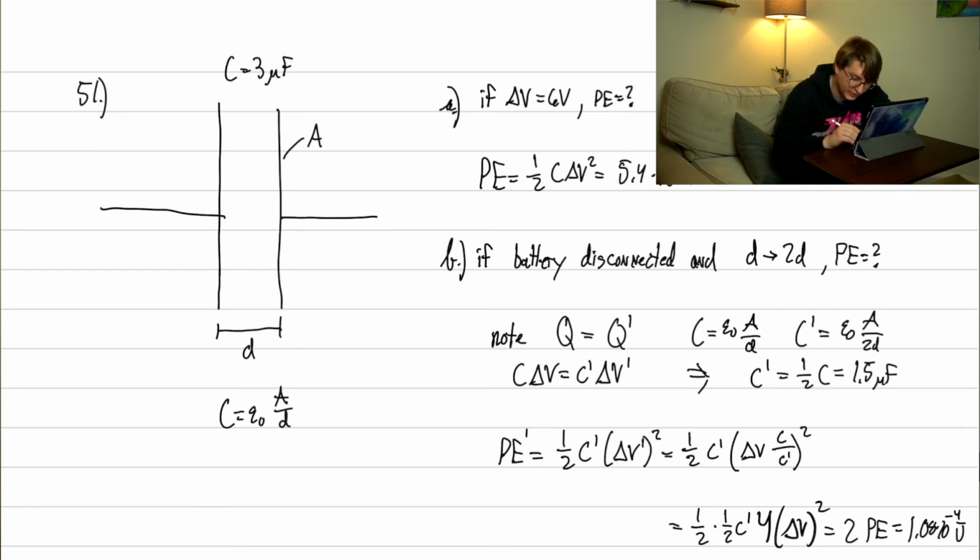And this, we get that 2 getting squared, we get a 4 out here. We get a 1/2 by exchanging the C prime for a C. So overall, we'll get something that looks like 2 times the original PE, and the original potential energy was 1/2 C V squared. So overall a factor of 2, the potential energy now has doubled compared to before.